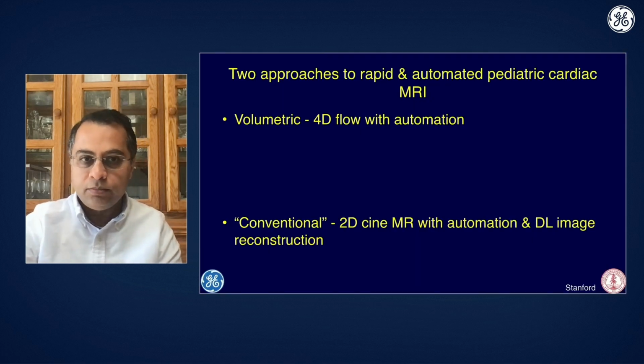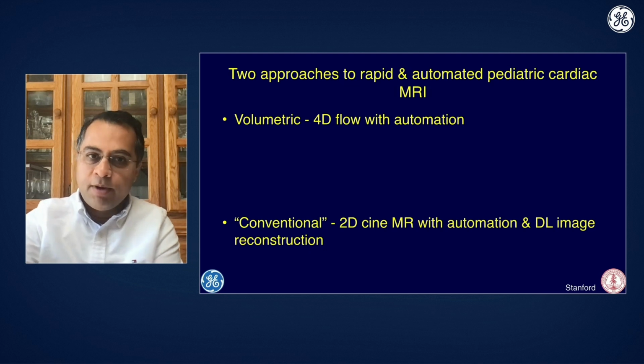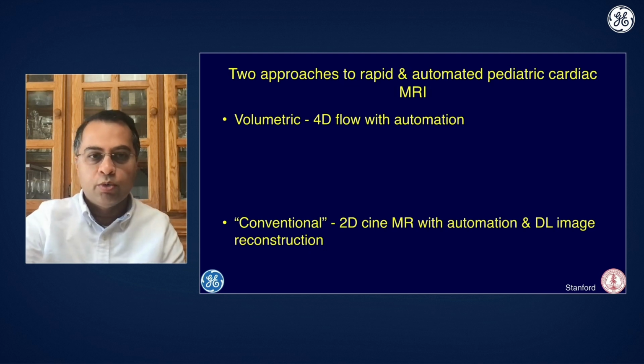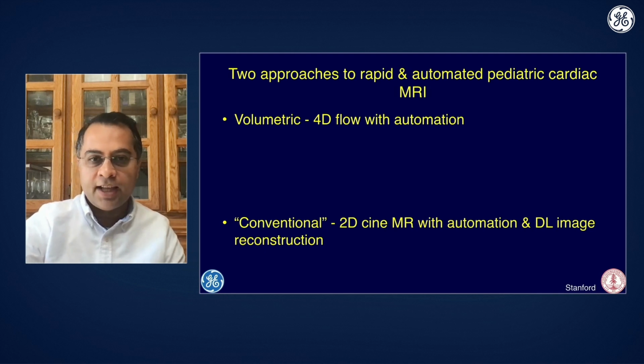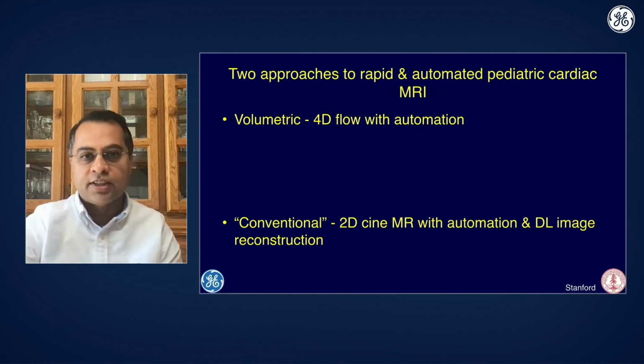physician. And so here, in a brief time, I've showed two approaches to a rapid and automated pediatric cardiac MR. The first was a volumetric approach that leveraged 4D flow with automation, and then a conventional approach that had 2D Cine imaging with deep learning reconstruction that leveraged respiratory triggering to avoid breath holds, and also some automation for the segmentation at the end in order to get the quantitative metrics out of the exam.